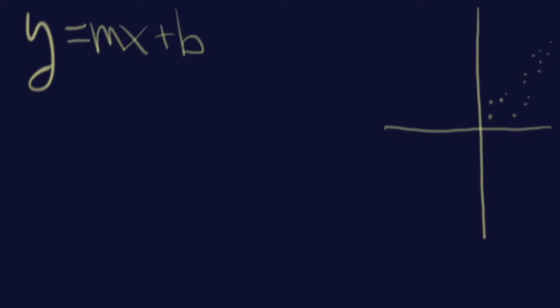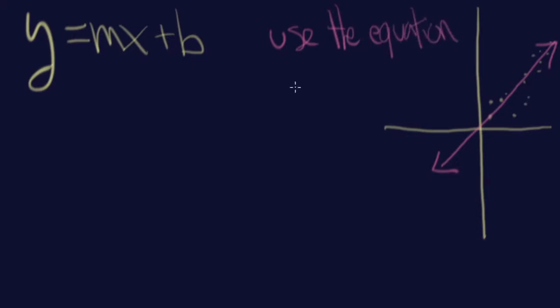And now what we want to do is create a line that represents this data. Now obviously it can't represent every single option, but what we want to do is somehow draw a line that goes through most of the data, create an equation, and then we can actually use the equation. So we can actually use this equation to make some predictions.